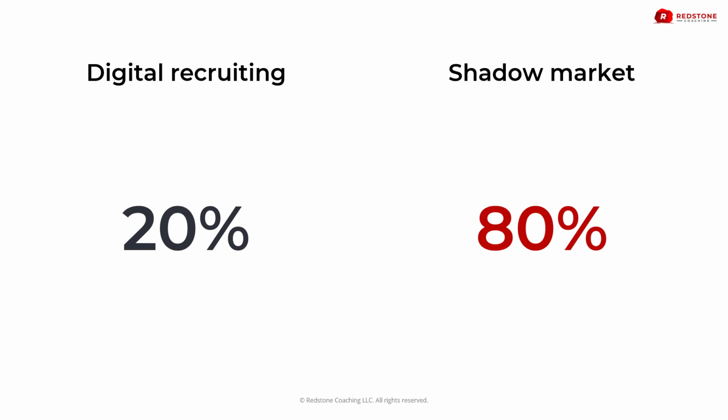They're approaching it in a completely ineffective manner. Only 20% of positions are filled through online applications. So that means that they're competing against the vast majority of people for only 20% of the opportunities. There could not be a more competitive way to try to get a job.